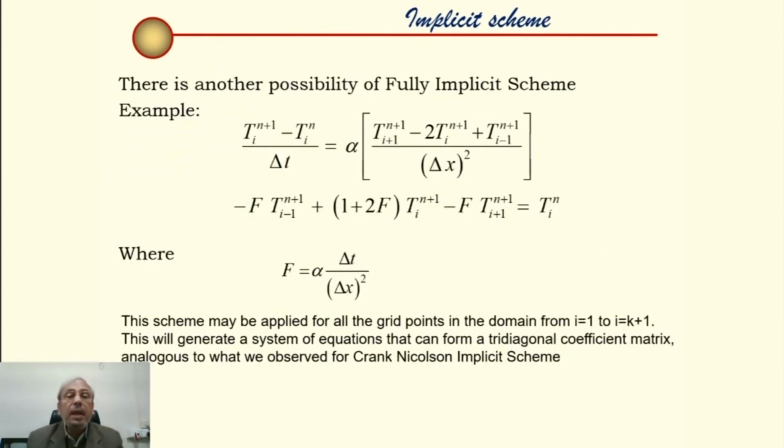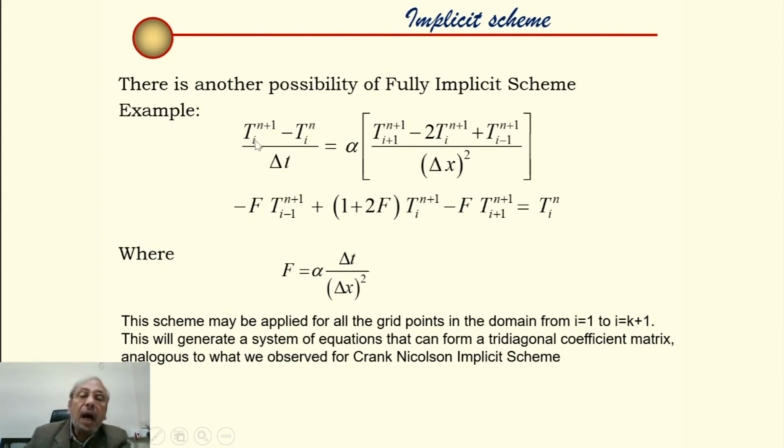Now I will just quickly mention another such solution route, which is the fully implicit scheme. Here, instead of u, we are directly using T for the temperature.